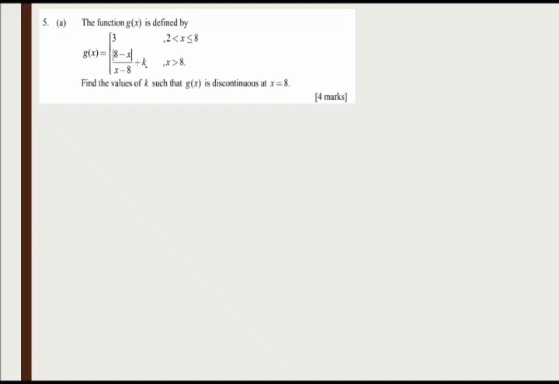Now we need to find the value of k such that g(x) is discontinuous at x equals 8. So this is the case where it is discontinuous at x equals 8.